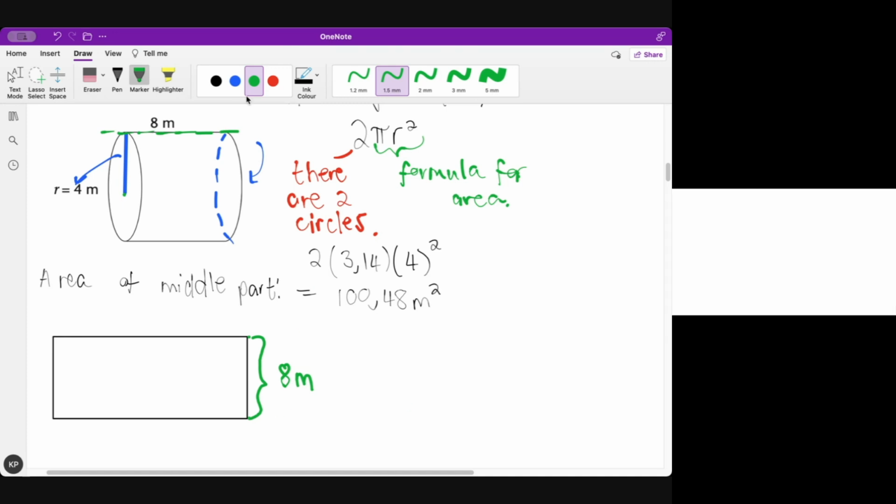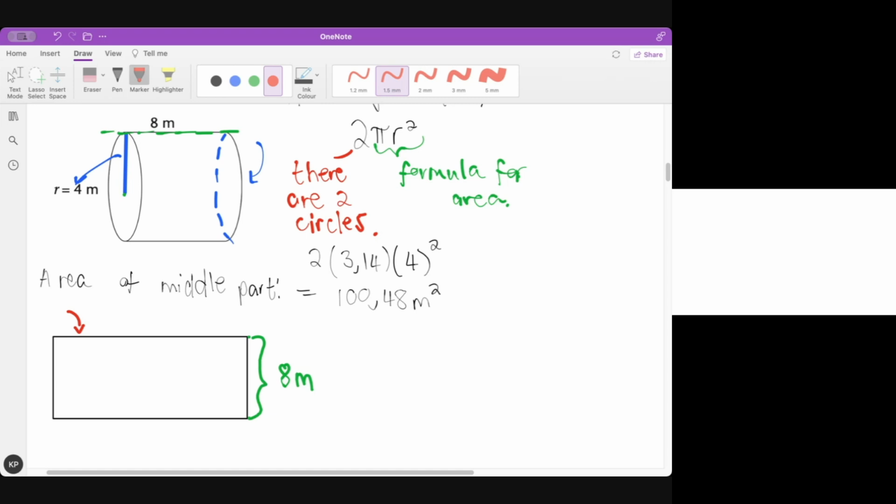Okay. And now we know that this part, this is what we were talking about, was wrapped around the circle. Now, what's the word for going around the shape? What do we call that? Area is if we are in the middle of the shape, but what's the word for when we are on the outside or around the shape?